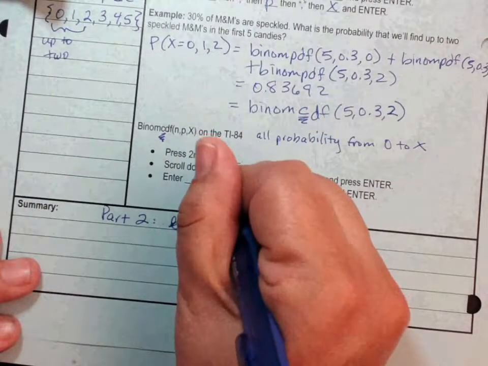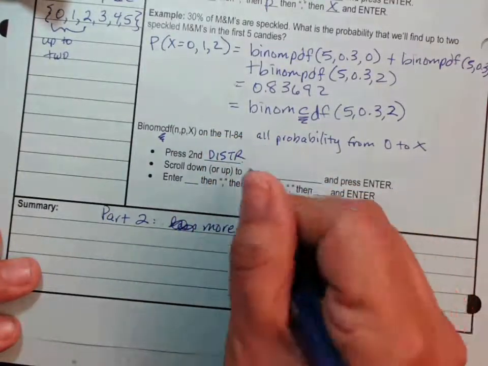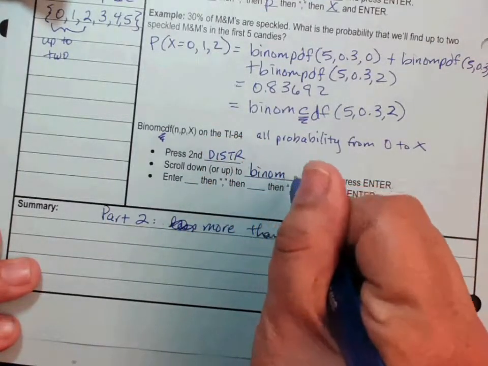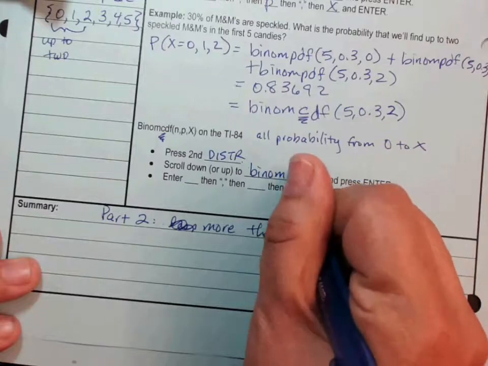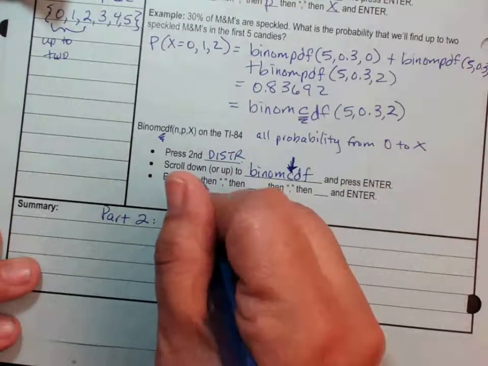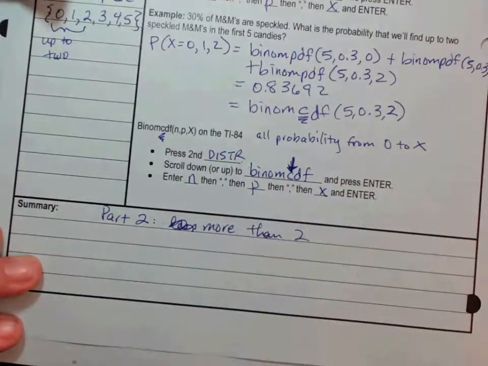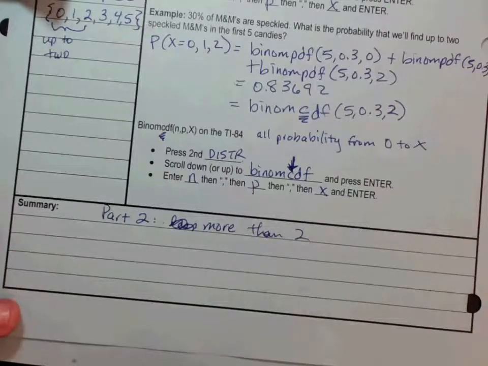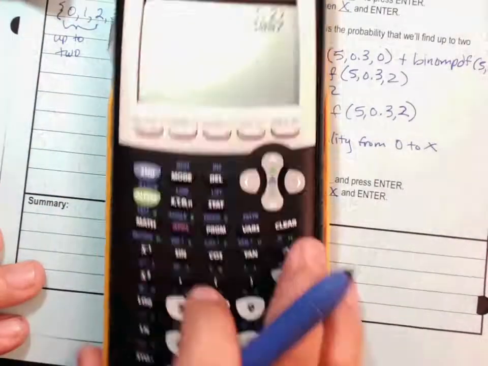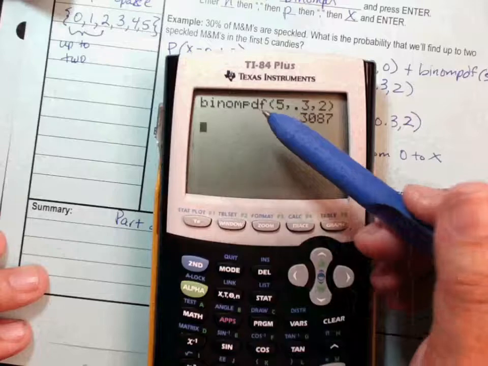Press second distribution, scroll up or down until you see Binom CDF. Very important you see the C. And then enter your N number, then your P number, and then your X number, and hit enter. Alright, so let me show you on this calculator. You should be able to see that. So see, that was CDF.